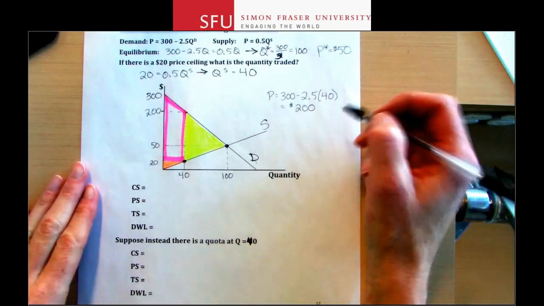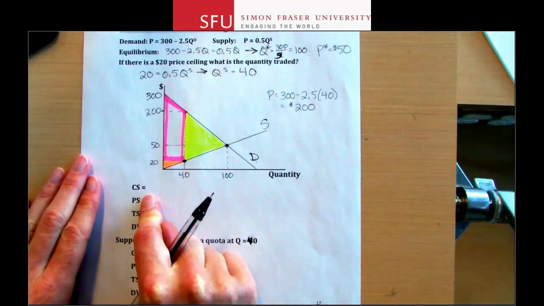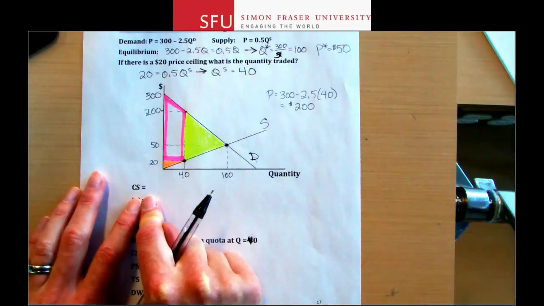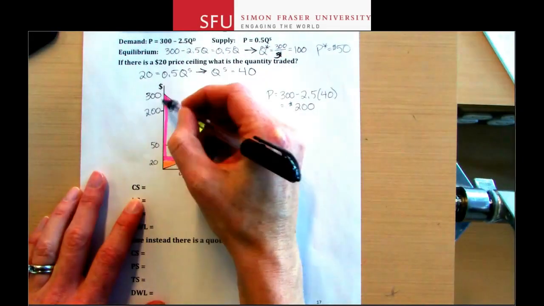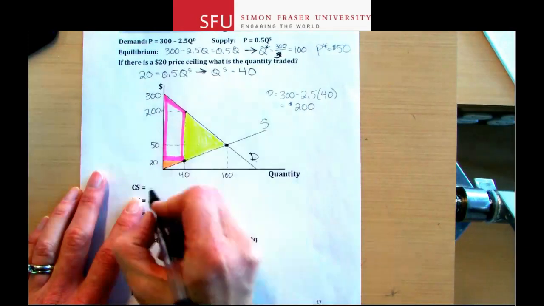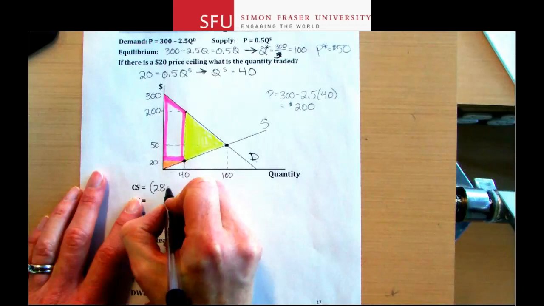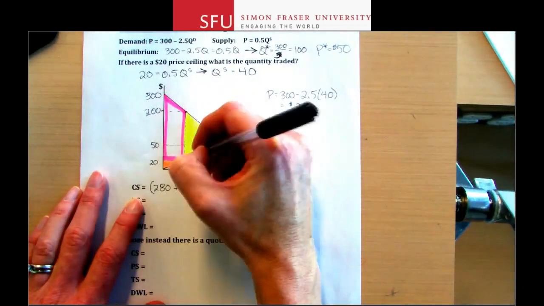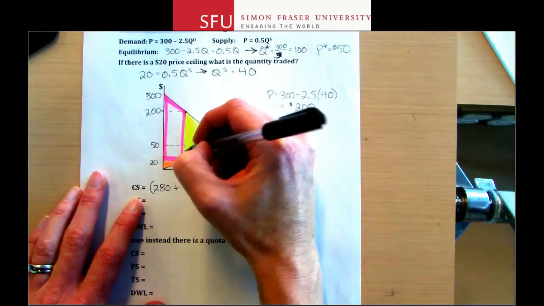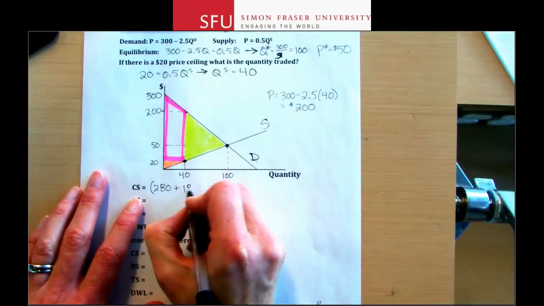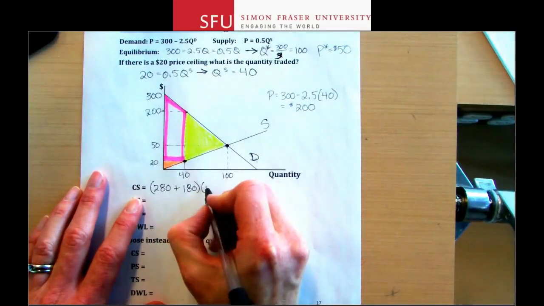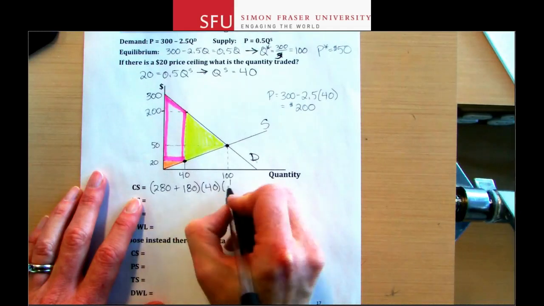Okay, all right, so consumer surplus. So I'll use the formula for a trapezoid. So height 1, 300 minus 20, so 280, plus height 2, 200 minus 20, so 180, times the width, times half.